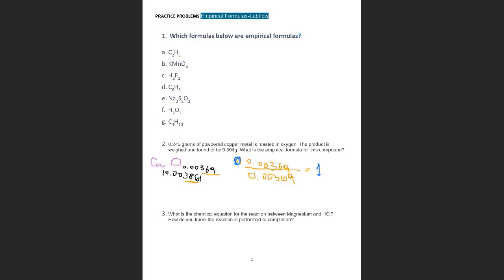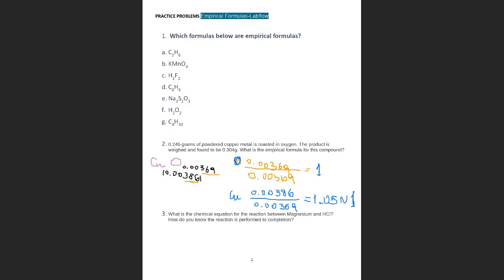And then I do the same for copper. What number did I have for copper? I had 0.00386. But I have to divide it by the same number, which is 0.00369. And the number that I obtain is 1.05, but I have to round it to the closest whole number, that is 1.